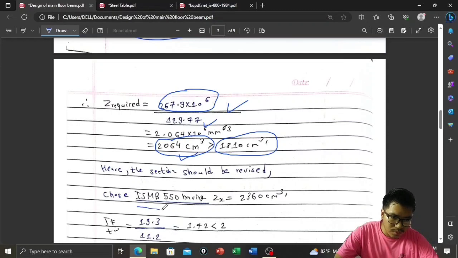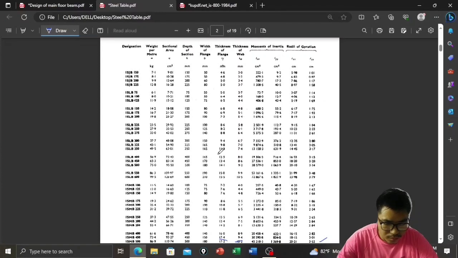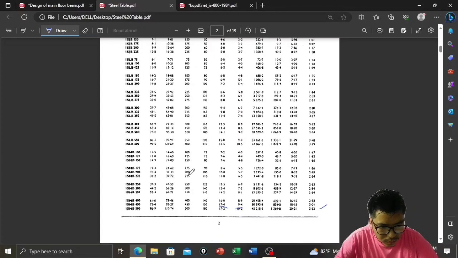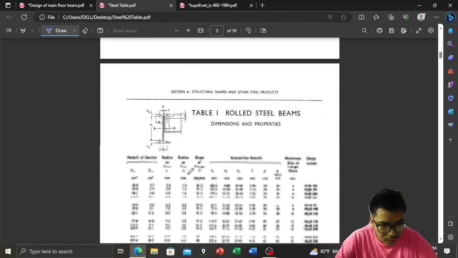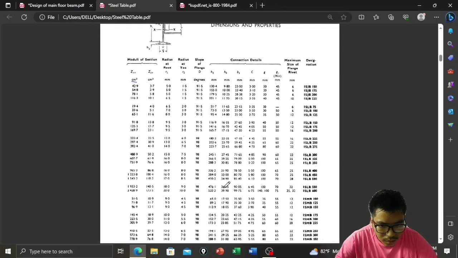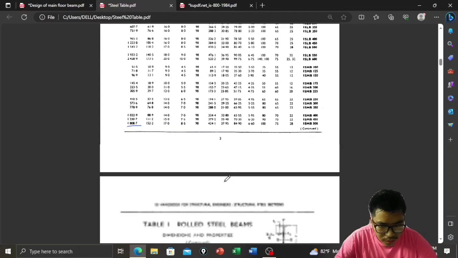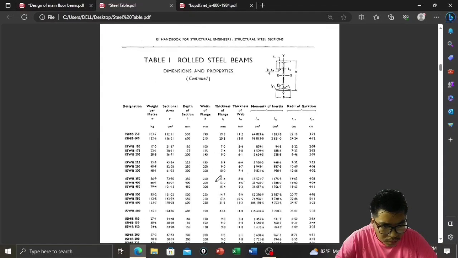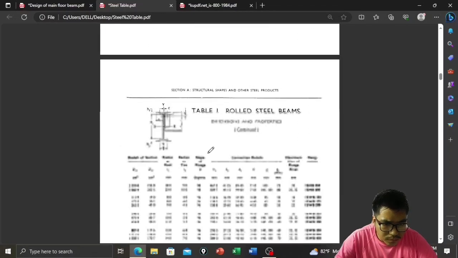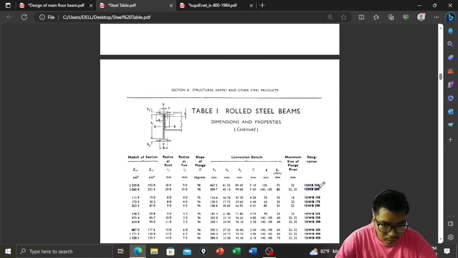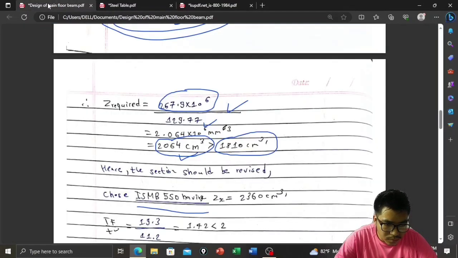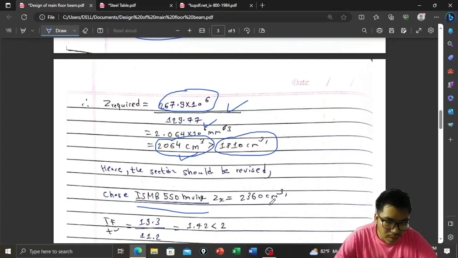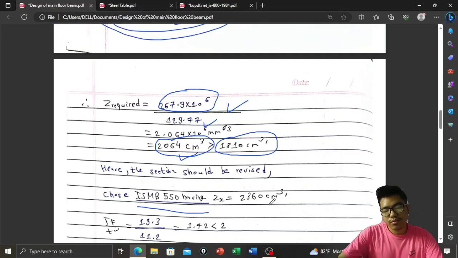So we have chosen ISMB 550. It is in another table. Where is 550? For ISMB 550, the Z is 2359.8, we round up to 2360.